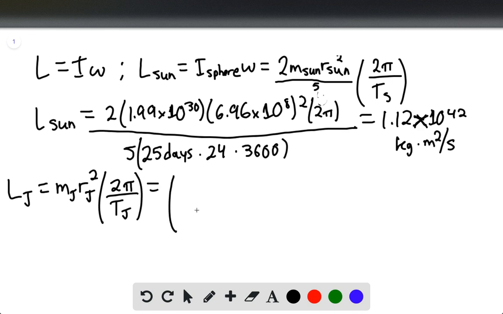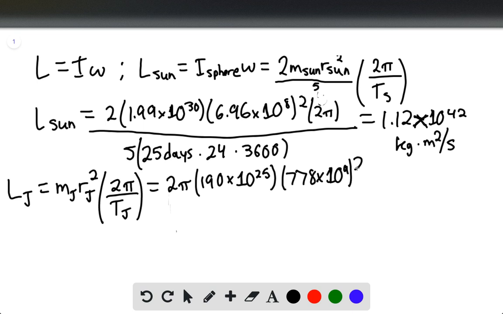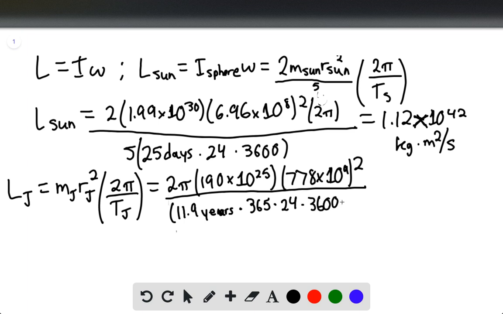And this is going to be equal to, we don't need the parentheses, so we can just say 2 pi, 190 times 10 to the 25th kilograms, 778 times 10 to the 9th meters squared, divided by 11.9 years times 365 days per year times 24 hours per day times 3,600 seconds per hour.